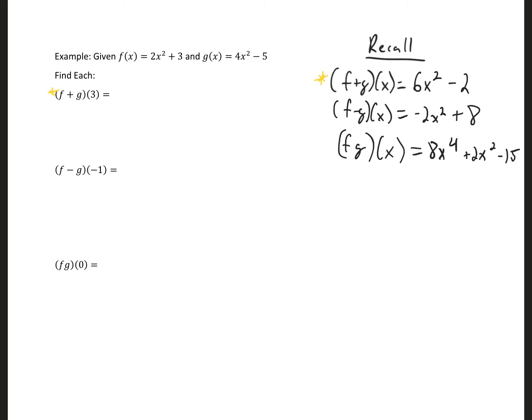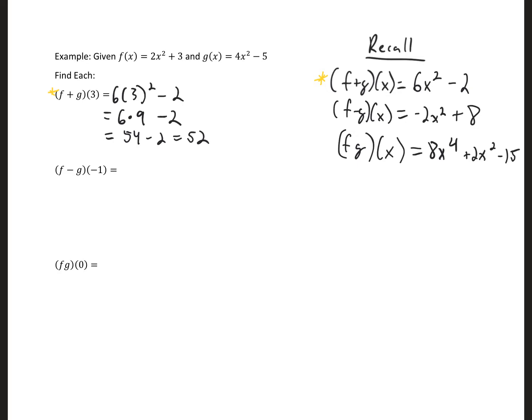This would be 6 times 3 squared minus 2. Following order of operations, that'd be 6 times 9 minus 2, which is 54 minus 2, which is 52.